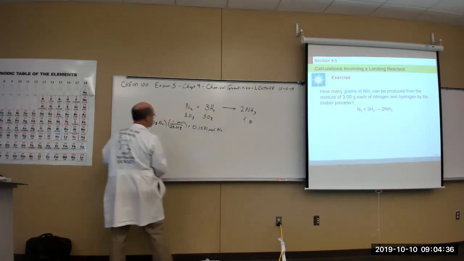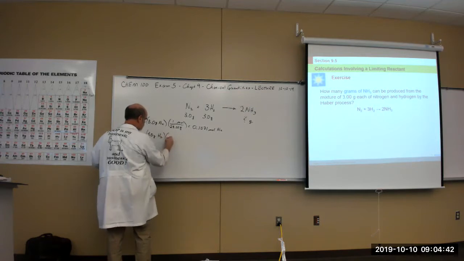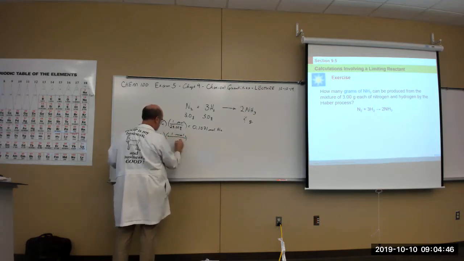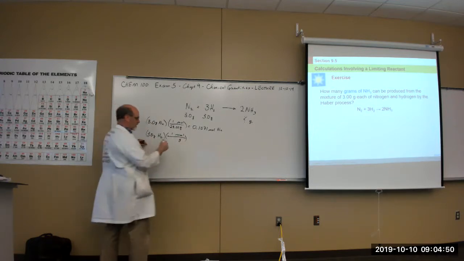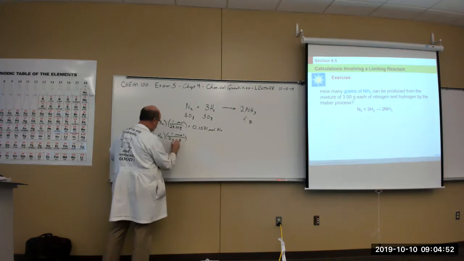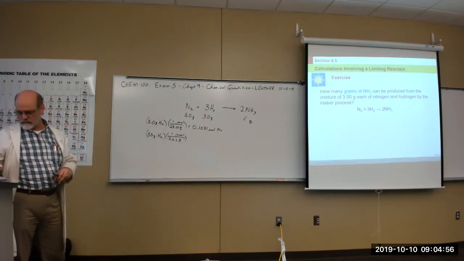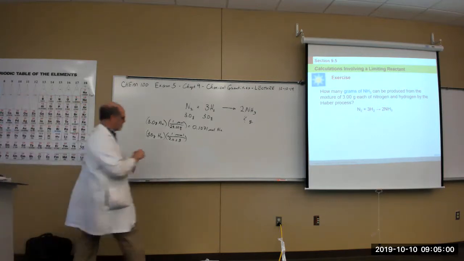Okay. Now, how many moles of hydrogen do we have? Need a different conversion factor. So how many grams is H2? Well, one of them is 1.01, so 2 of them would be 2.02. So 2.02 divided into 3 is 1.485.